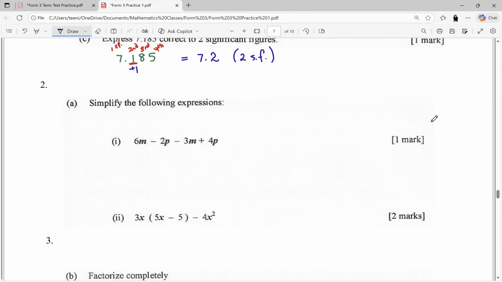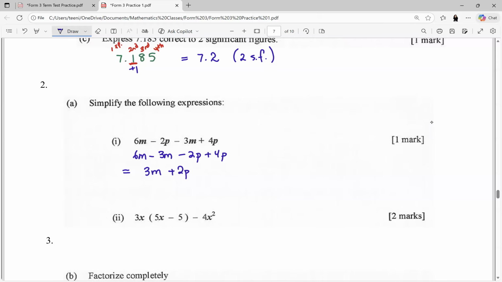It's 3m plus 2p. Yeah, 3m plus 2p is correct. So you group your like terms. So this would be 6m minus 3m minus 2p plus 4p. And 6m minus 3m is 3m. Minus 2p plus 4p is plus 2p. Minus 2p plus 4p is the same as saying 4p minus 2p.